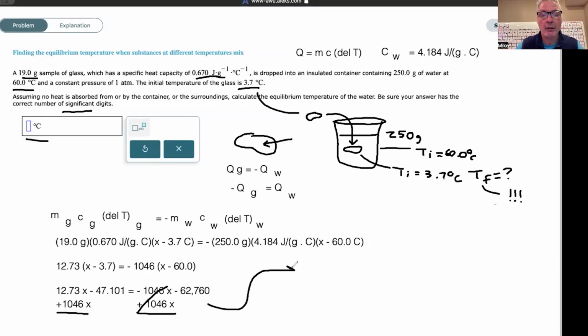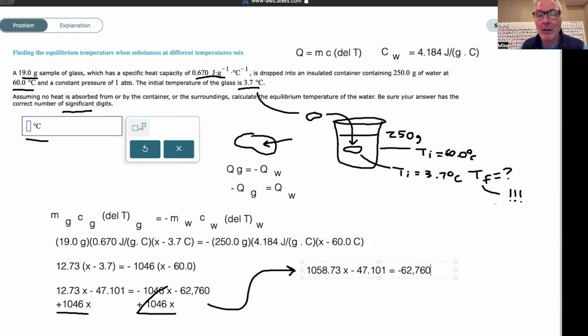I'm going to have to go over here and rewrite this. 12.73 plus 1046 is 1,058.73x minus 47.101 equals 62,760.